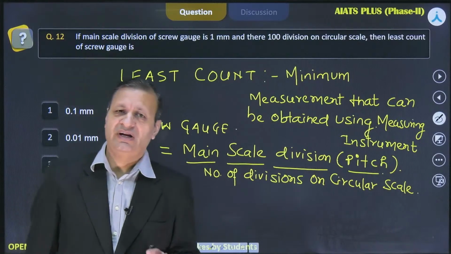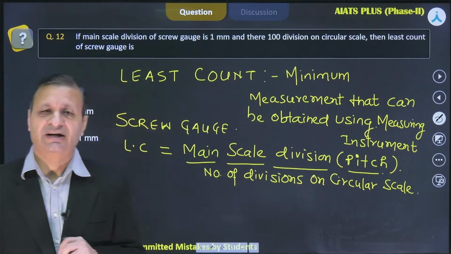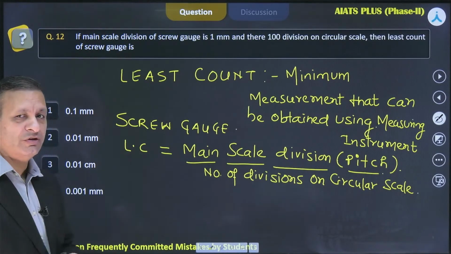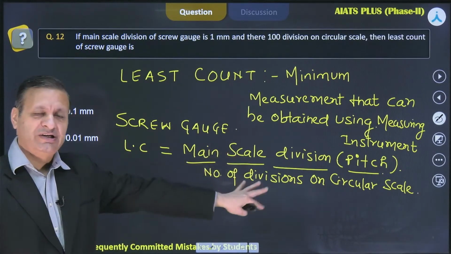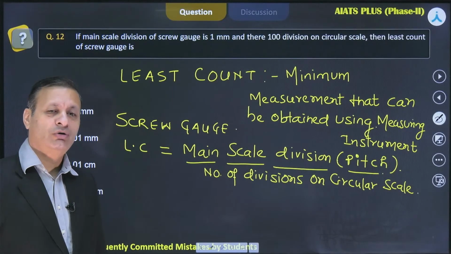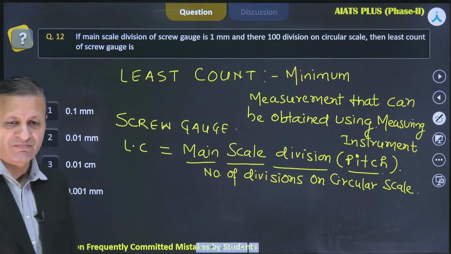This is a very basic and standard formula for the least count of your screw gauge. Just remember this formula, because it will help you solve a good many numericals.